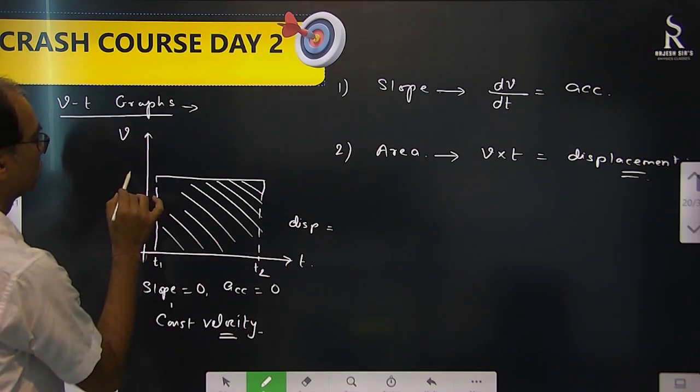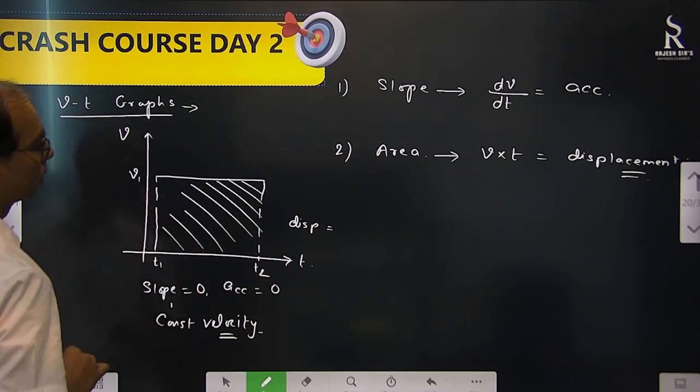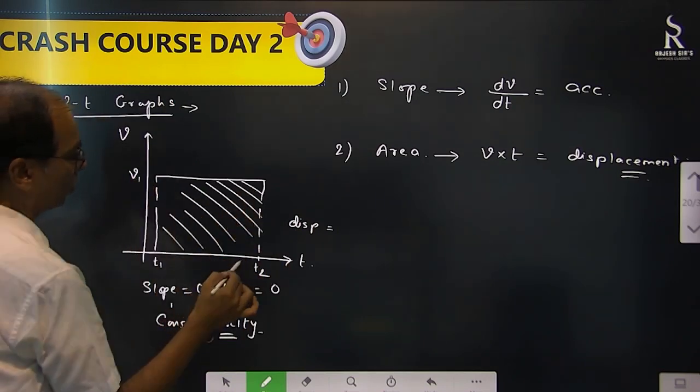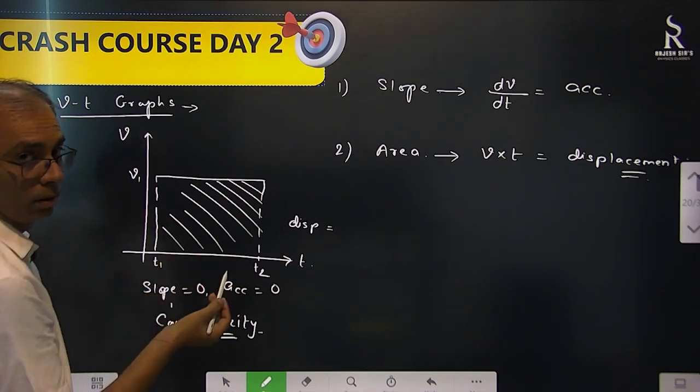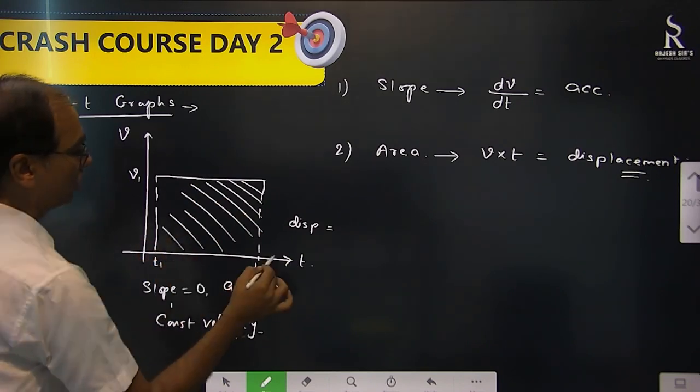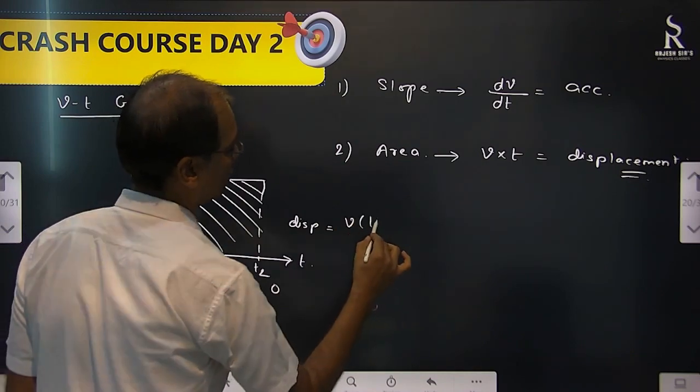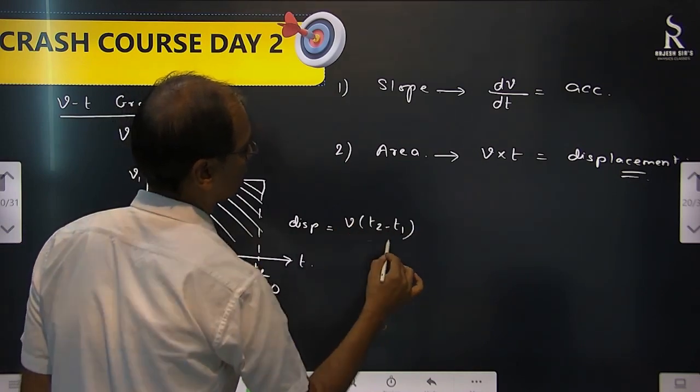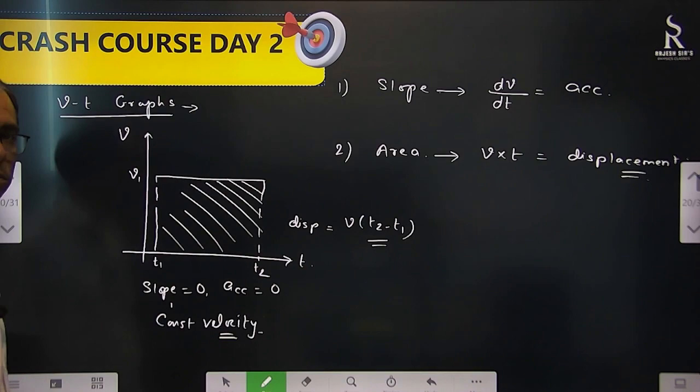Suppose this is v1. So what is the area? It's a rectangle, so this into this, that means v into t2 minus t1. That's all. That is the displacement. VT graph, let's have another one.